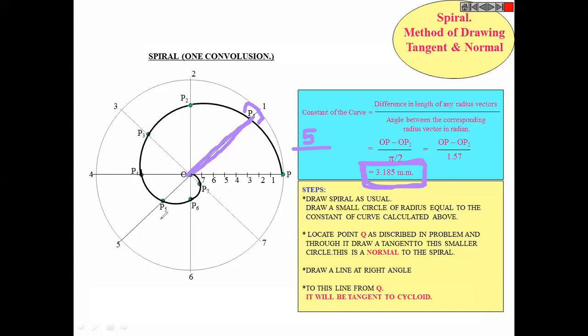And what is the angle intercepted by these two lines? 45. 360 by 8, that is 45. Fine. So you convert it into radian. How to convert it into radian, you know?